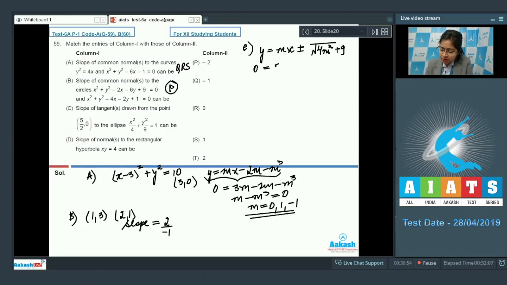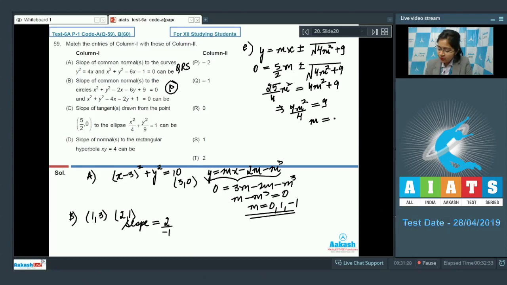So we'll get 0 equal to 5 by 2 m plus minus under root of 4m square plus 9. That is 25 upon 4 m square is equal to 4m square plus 9. Taking 4m square on the left hand side, we will get 9m square upon 4 is equal to 9, that is m is equal to plus minus 2. So from the given options we can see that P and T are satisfying it.